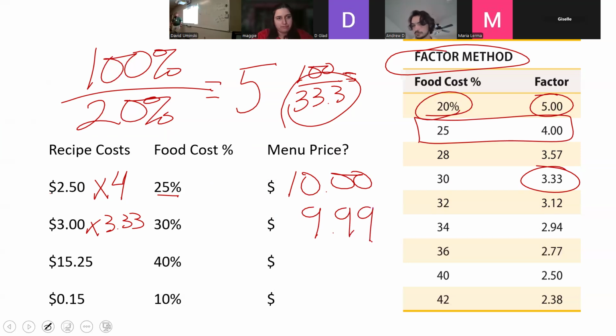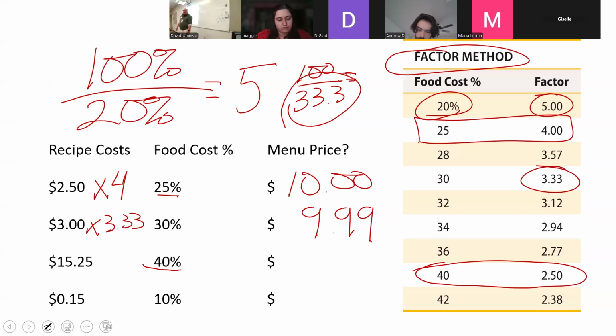You can keep it 9.99. All right. 40%. What is my factor? 2.5. If you want to figure that out, remember 100 divided by 40 is 2.5. So that's your answers for number 4.